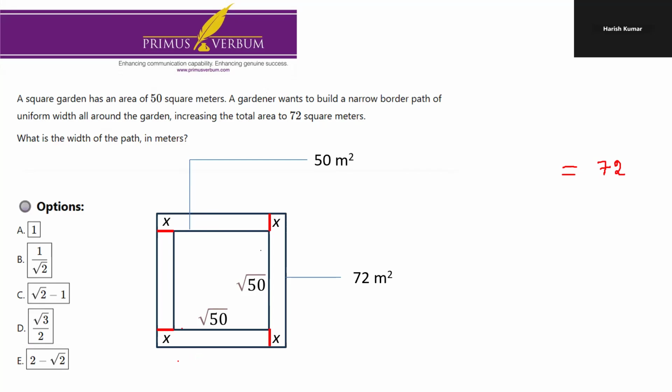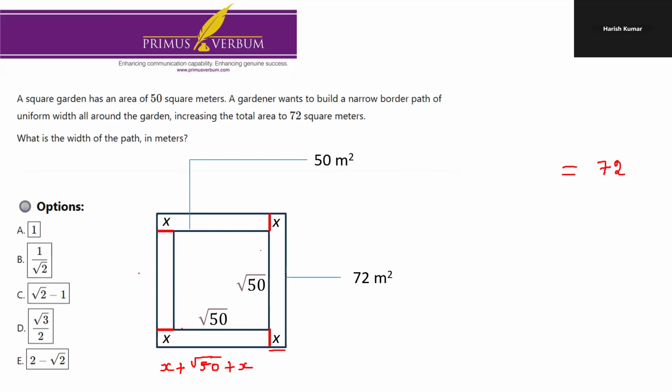So what is this new length? The new length is going to be root 50, which was already there originally, the length of the smaller square. And we have x here. So x plus root 50, and then another x here. So plus x. So this is the new length.